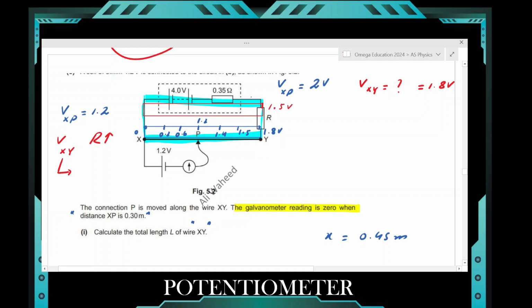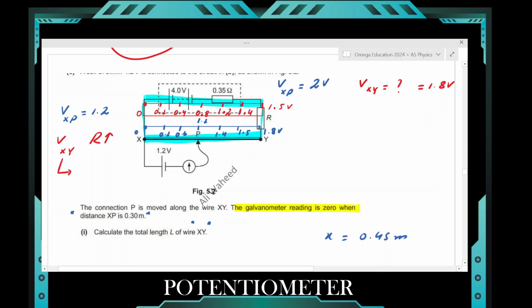So 1.5 over here, probably 1.4 over here, probably 1.2 over here, likewise 0.8 over here, probably 0.4 over here, probably 0.2 over here, and at the end you will be having 0.